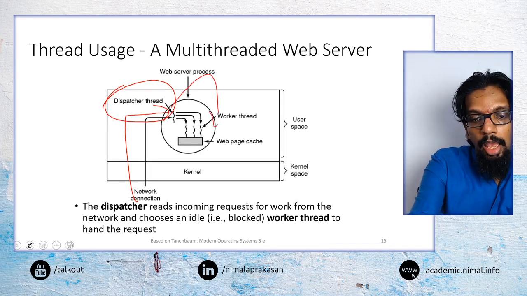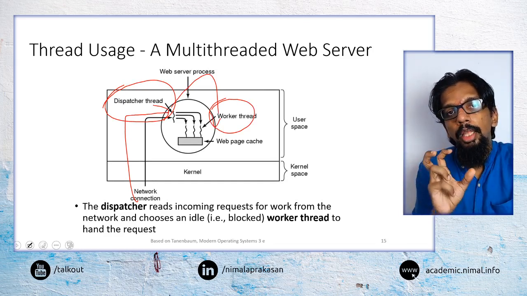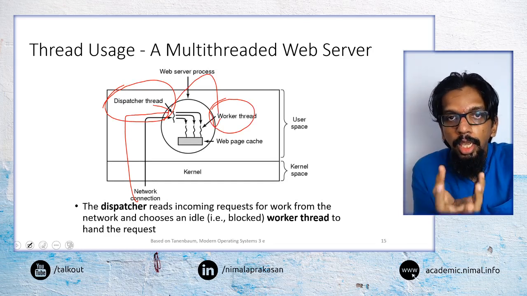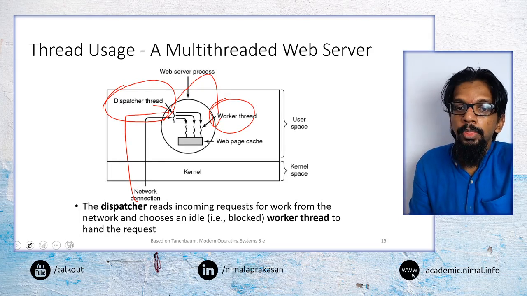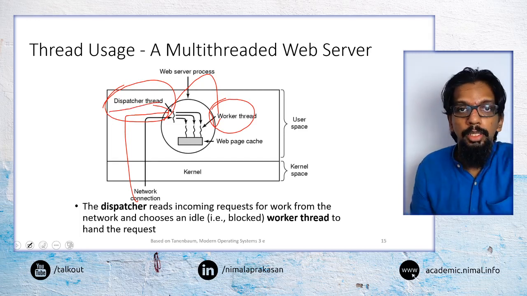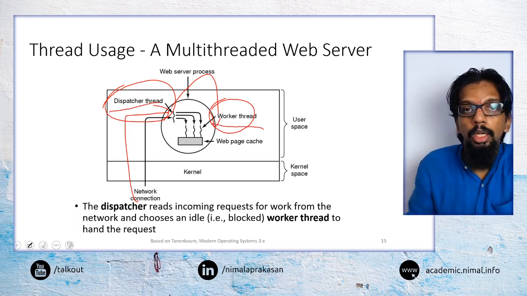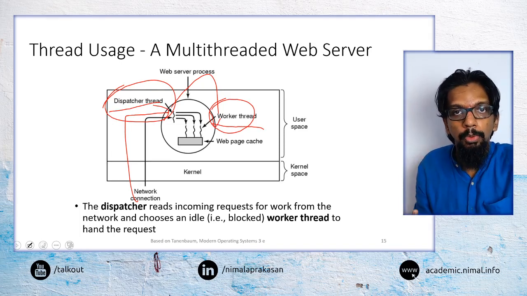Then it can have what is called a worker thread, and the worker thread is the one that is going to create the web page or collect the information and send back the web page. So here we can have one dispatcher thread and many worker threads, similarly to how we can run multiple programs, multiple processes.